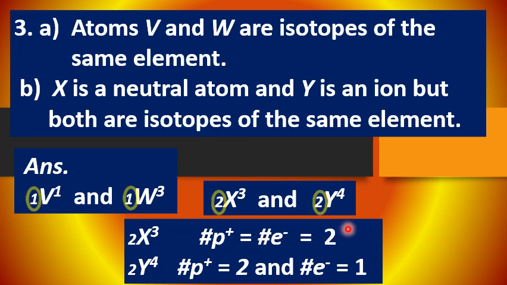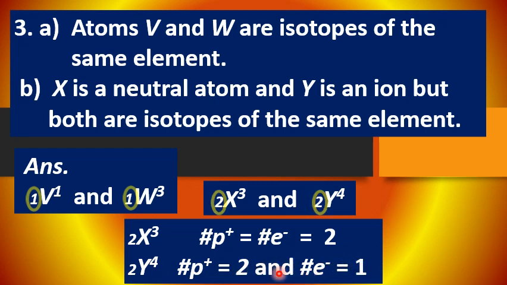But atom Y, whose number of protons as represented by the atomic number is equal to 2, but based on the table earlier, atom Y has only one electron.